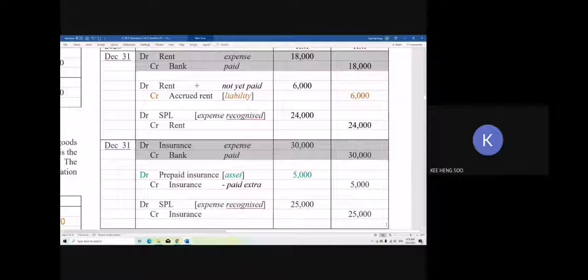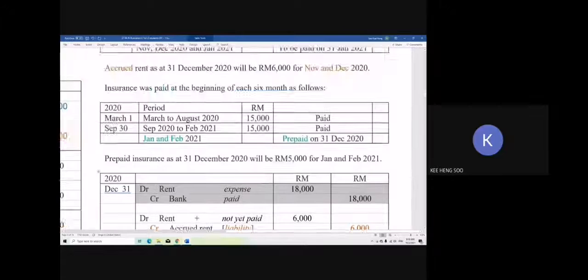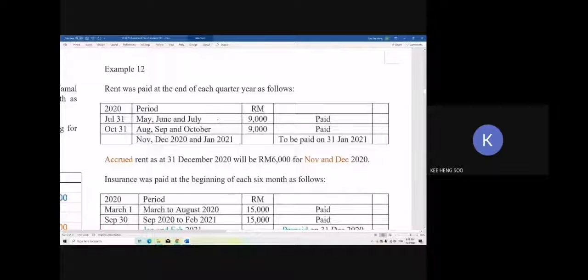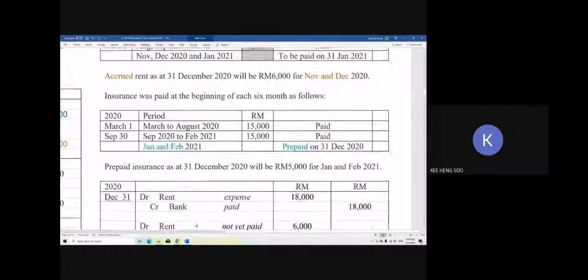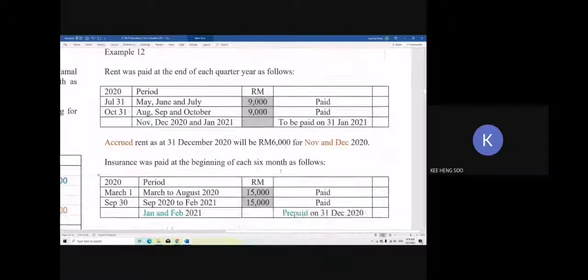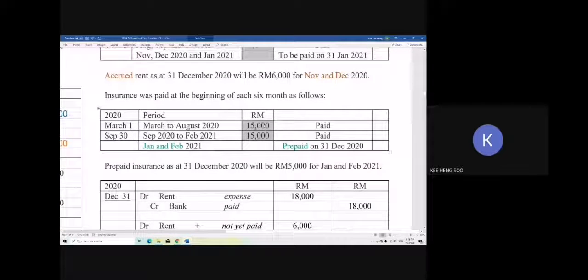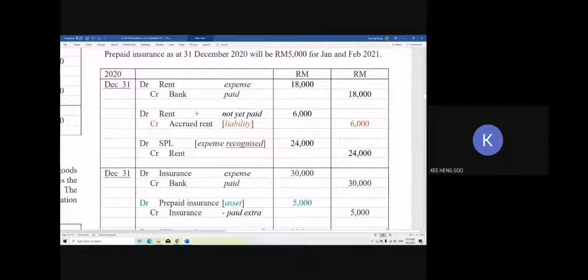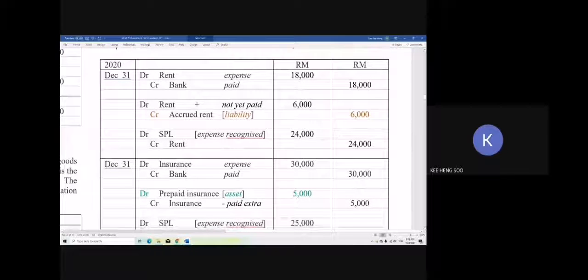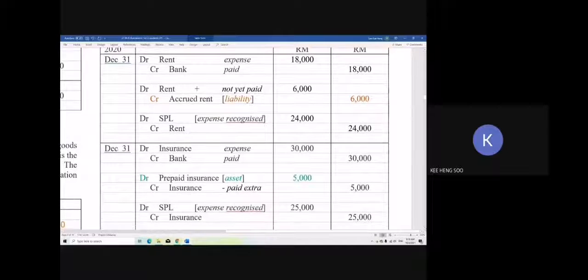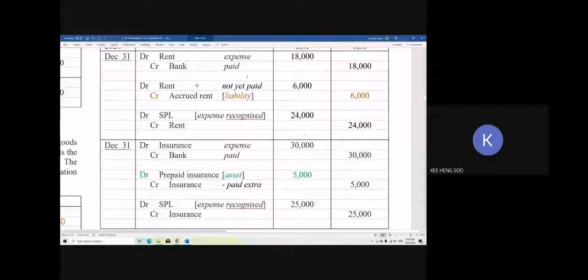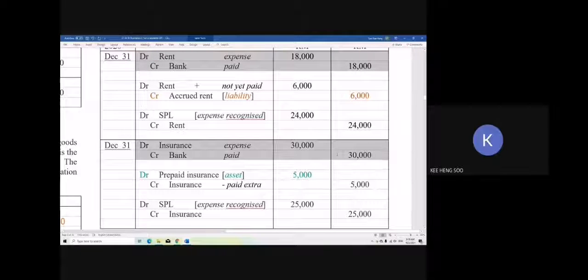In auditing, the first one is called true. It is true.